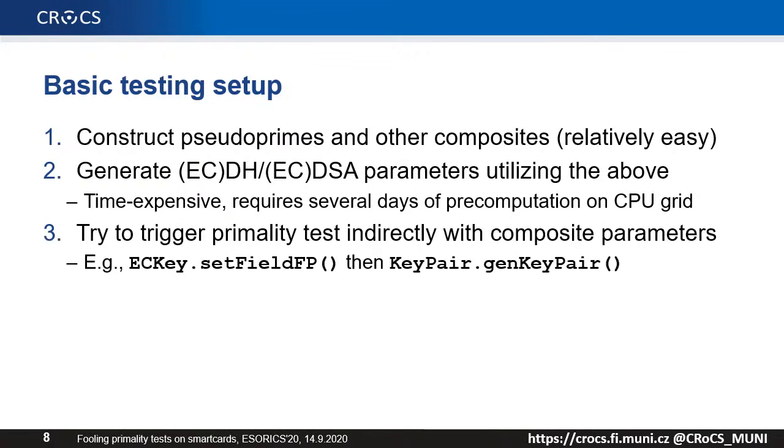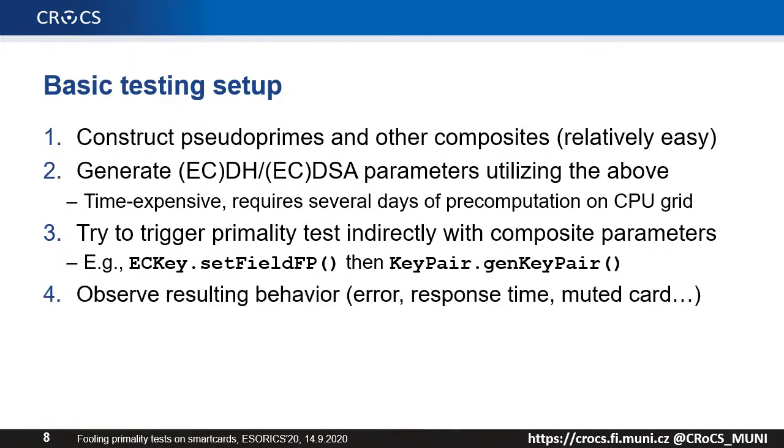Then, when we have these domain parameters, we set them and trigger the primality tests indirectly with these composite parameters. For example, we set the field, which is composite, to be prime, then call generate key pair, and look at what issues arise in the behavior of the card.